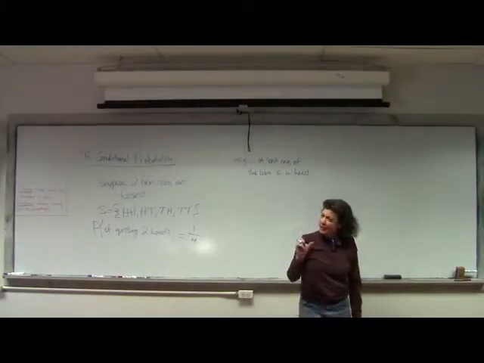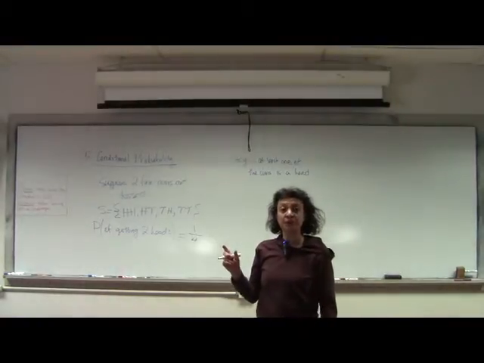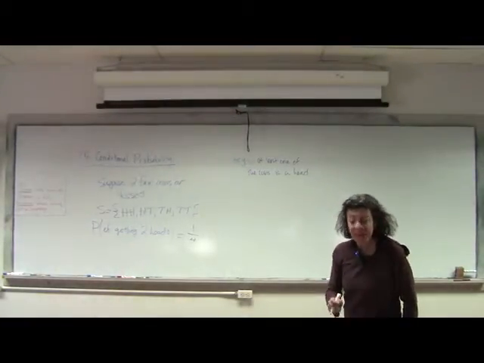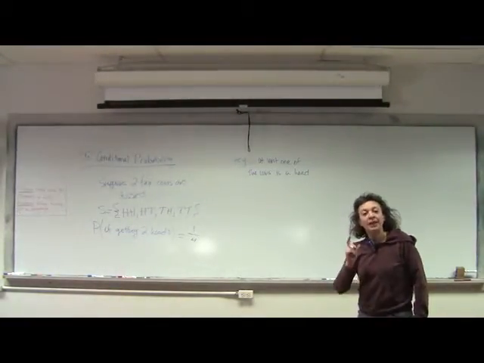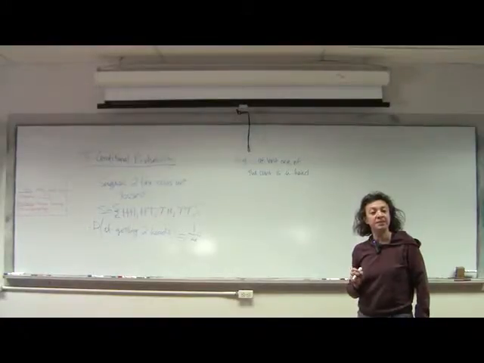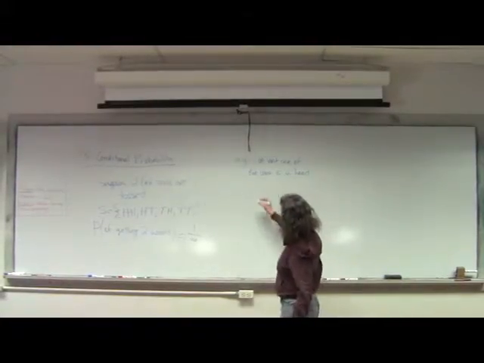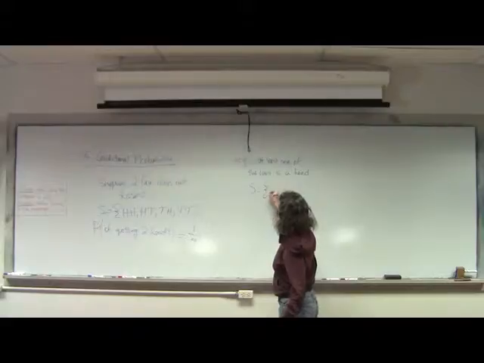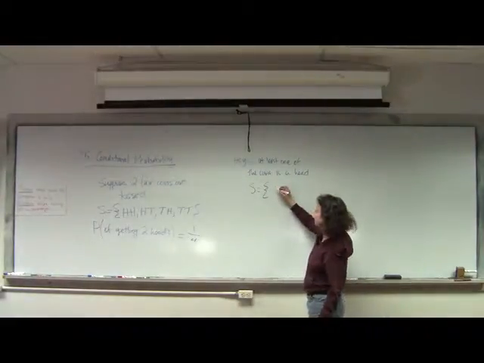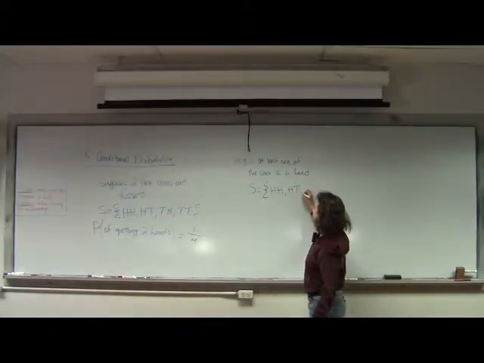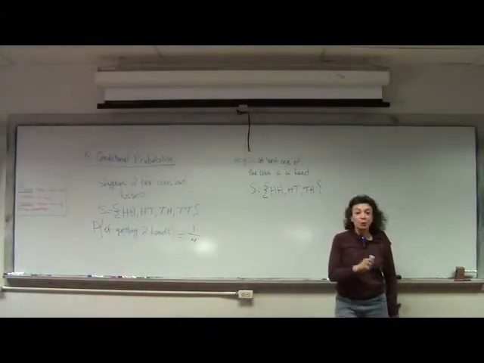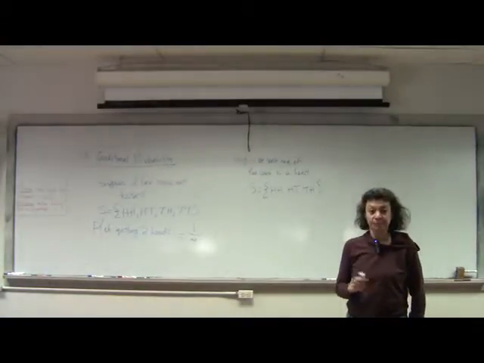That was our little bit of extra information. And I claim with that extra information, that changes our sample space. My new sample space is, well, if at least one of the coins is a head, we could have head, head, head, tail, tail, head, but that's where it stops. We can't have tail, tail.